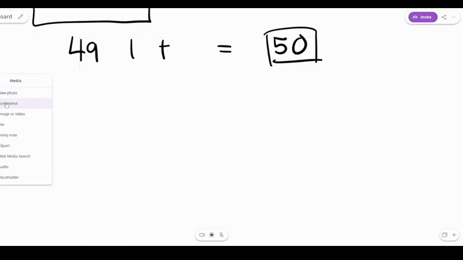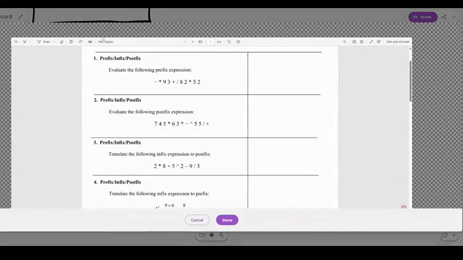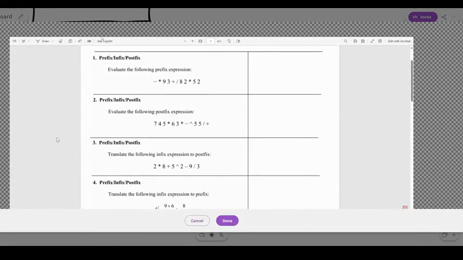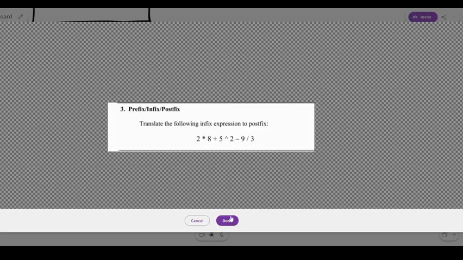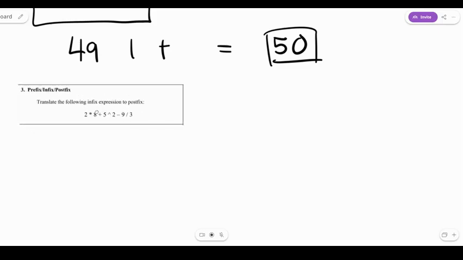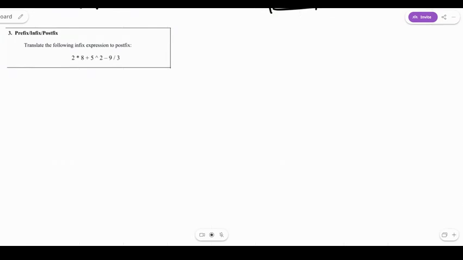Okay. Now let's try another problem. Translate the following infix expression to postfix.